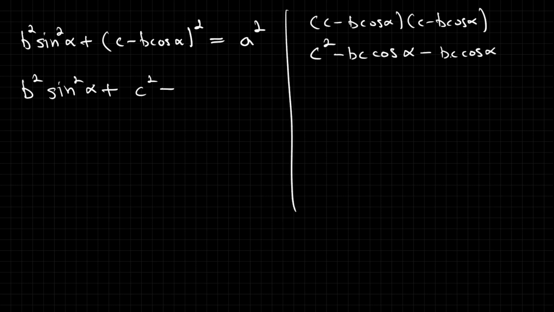This is from the inside and the outside terms, and then plus b squared cosine squared alpha. So this is b squared sine squared alpha plus c squared minus 2bc cosine alpha plus b squared cosine squared alpha.